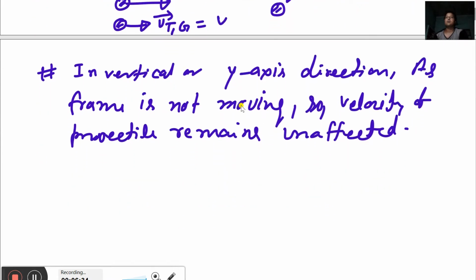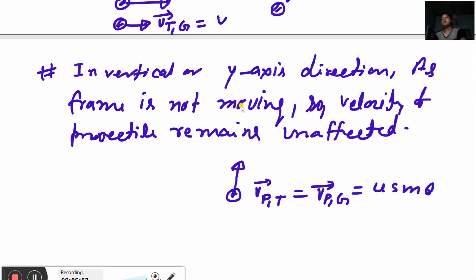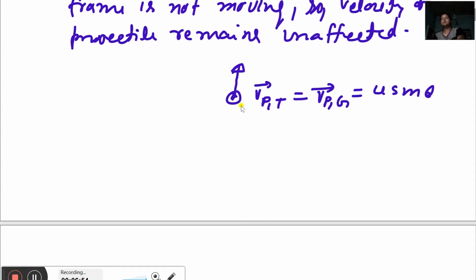So in this direction, velocity of projectile with respect to trolley equals velocity of projectile with respect to ground, and that equals u sin theta.